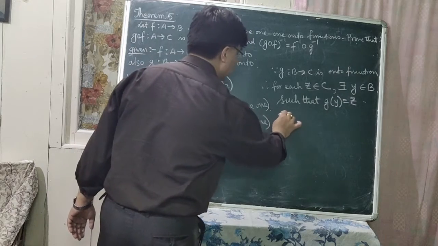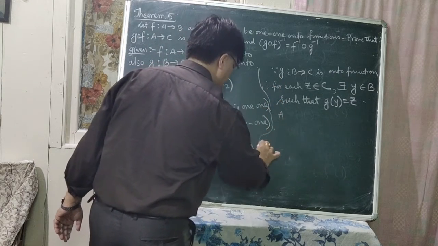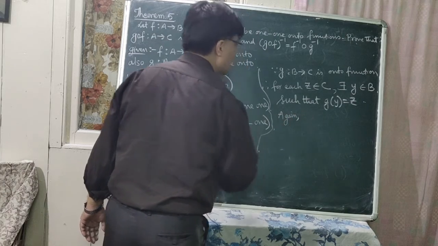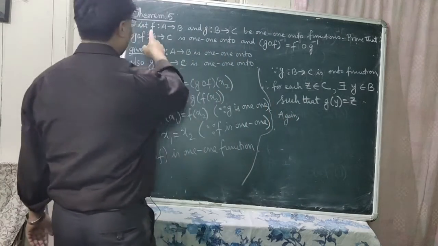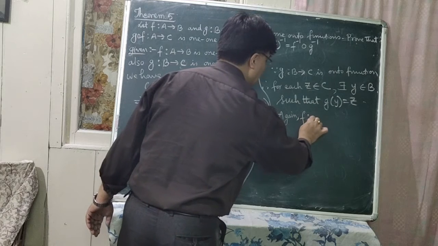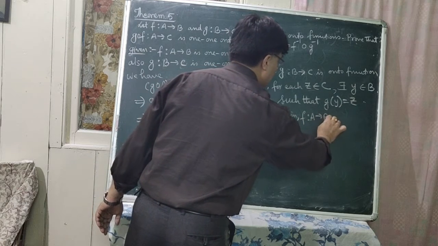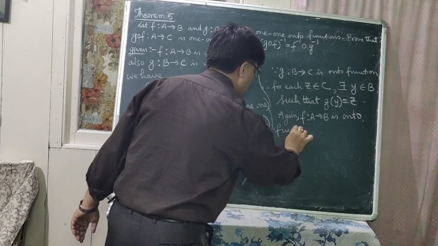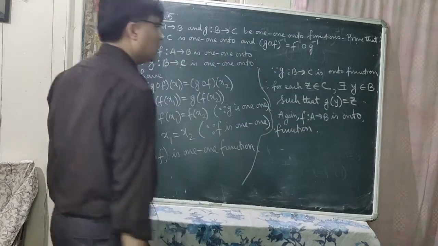Again, what will you write here? Again, f such that A to B is onto function, right?